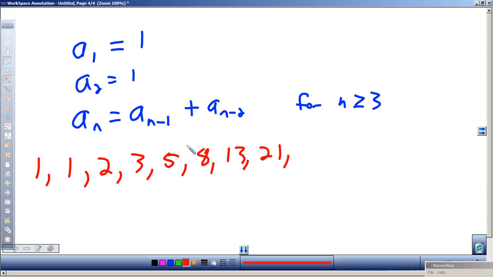Yes, this is the Fibonacci sequence. So this is a recursive definition of the Fibonacci sequence. We start with 1, 1, and then each term after that is dependent on taking the previous 2 and adding together. So if we wanted the third term, we take a_2 plus a_1.